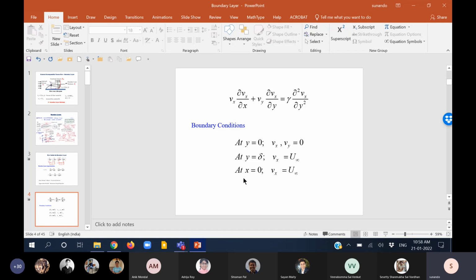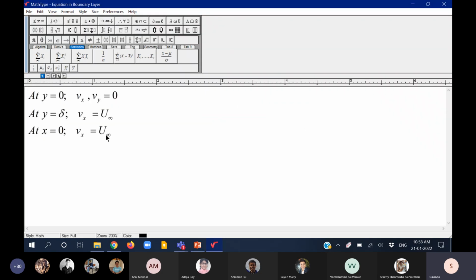And at the beginning, just where the flow is about to come in contact with the solid, the velocity is simply going to be, in fact, this should not be u infinity, this should be equal to v, the approach velocity. Okay, so these are the three boundary conditions which are used in order to solve this equation.